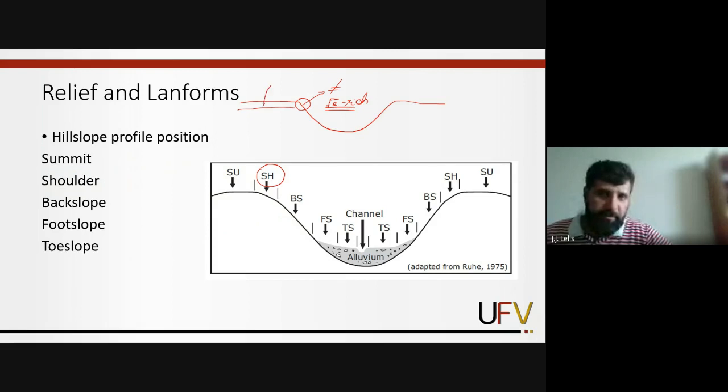And the soils in the summit are developed from other materials like sandstones, okay?